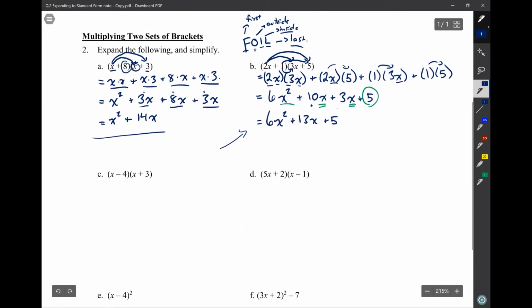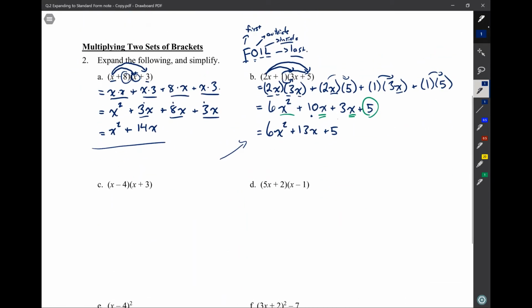We'll try this same strategy here for 2c. The difference is I have a negative term here, so we'll see what happens when we work through it. We'll start off with our first terms. That's x times x. I always do my plus sign in between. My outside terms, which are x and 3, plus my inside terms.